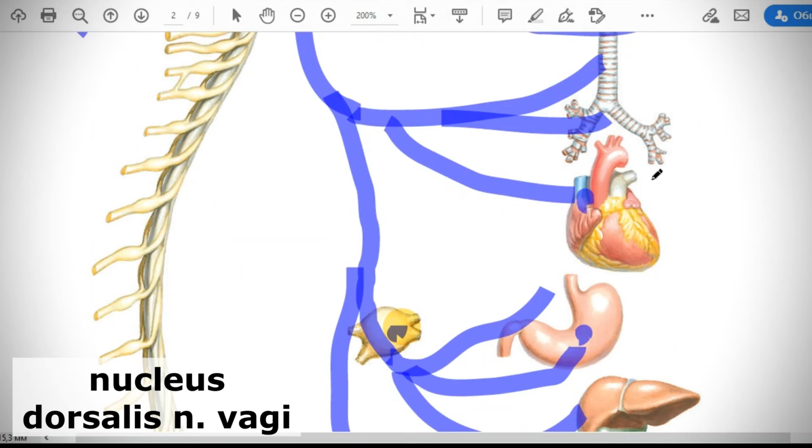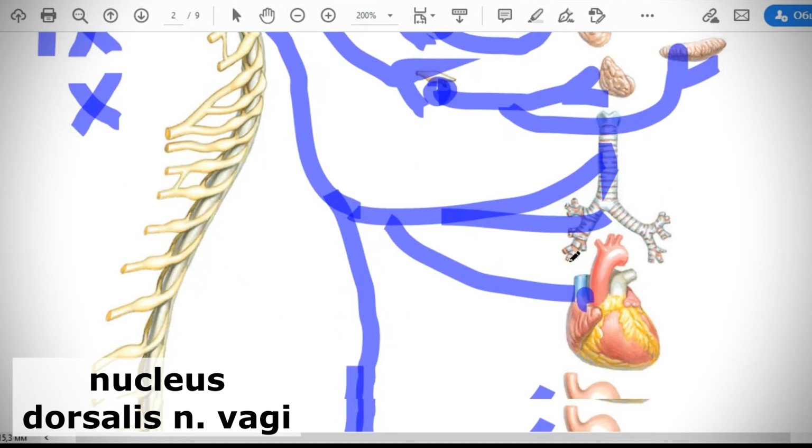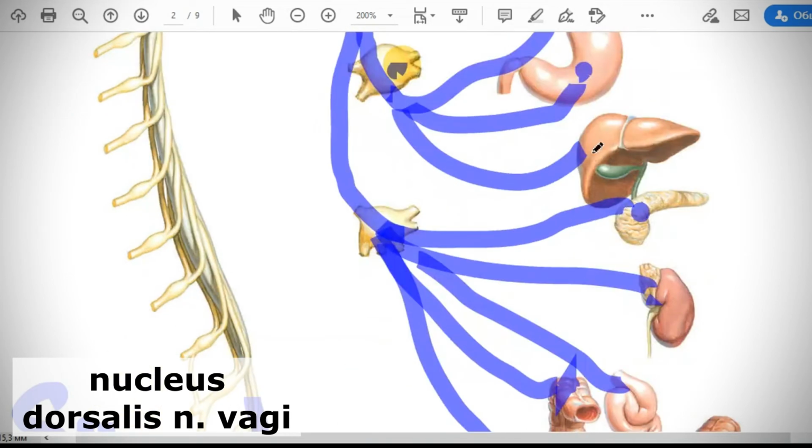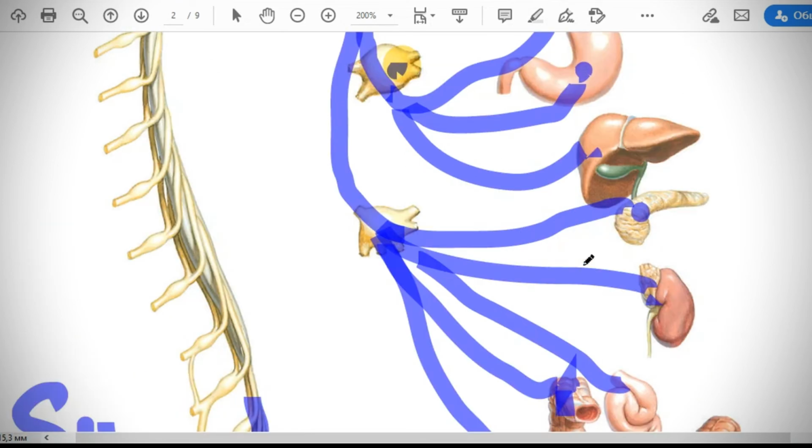Near the heart, for example, there will be a lot of plexuses, superficial and deep plexuses of the heart, inside the walls or near the bronchi and lungs, near hepar, pancreas, kidneys, or inside the wall of your intestines. There will be transmission, and postganglionic fibers will be short and they supply your mucosa and smooth muscles of all these organs.